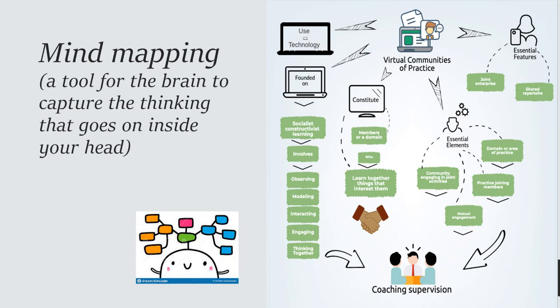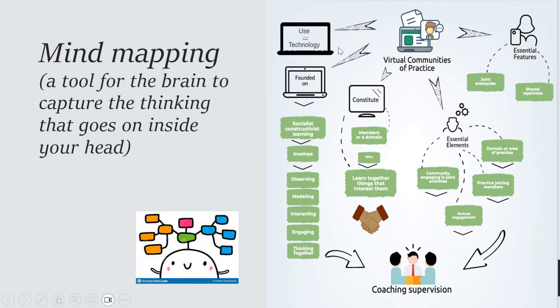But a mind map might look something like this: you might be looking at virtual communities of practice, and you might have found there are a number of themes. There's a theme with using technology, where virtual communities of practice were founded on, what it constitutes, what the essential features are.